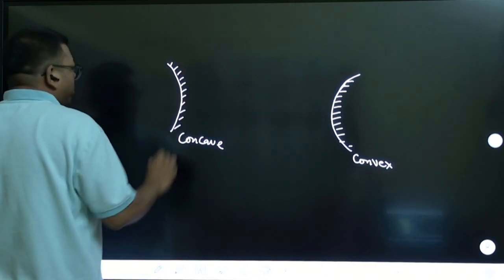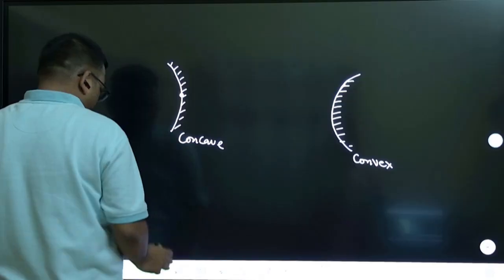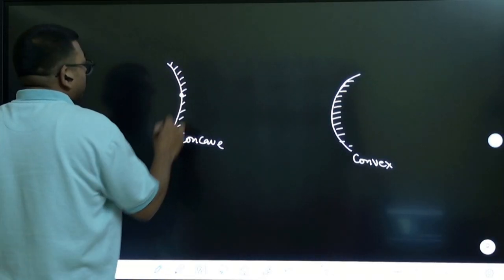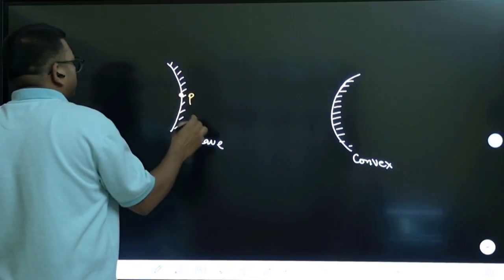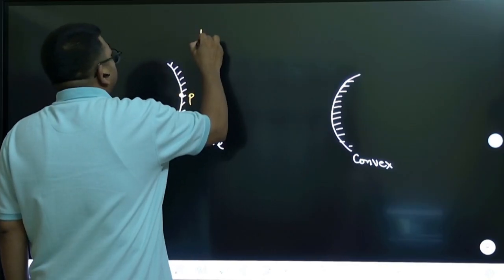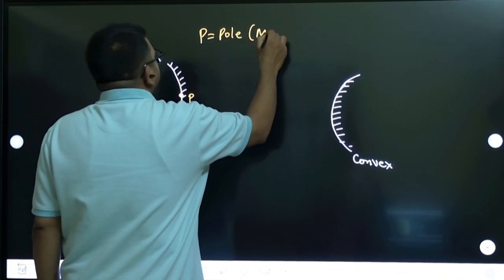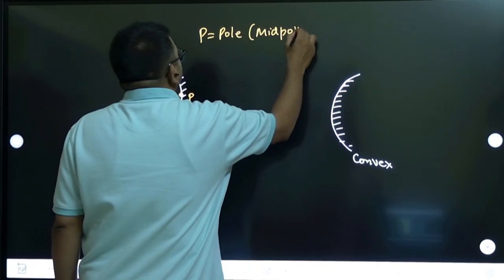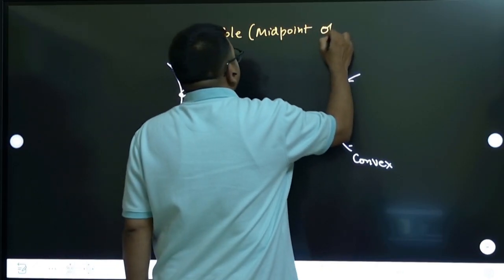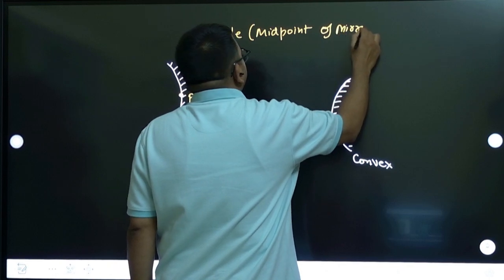The midpoint of the mirror is called the pole. P is the midpoint, called the pole, and the pole is nothing but the midpoint of the mirror.